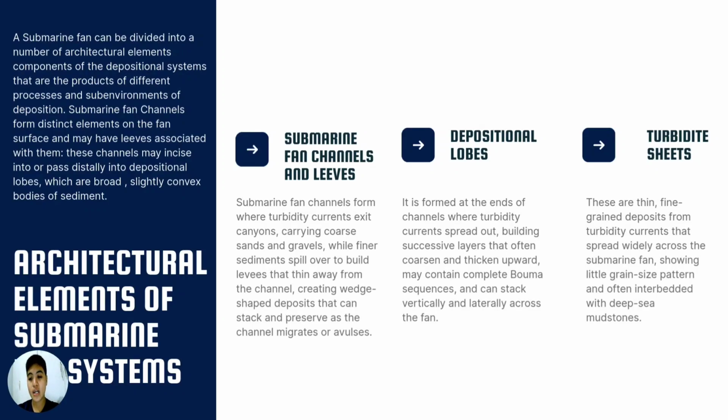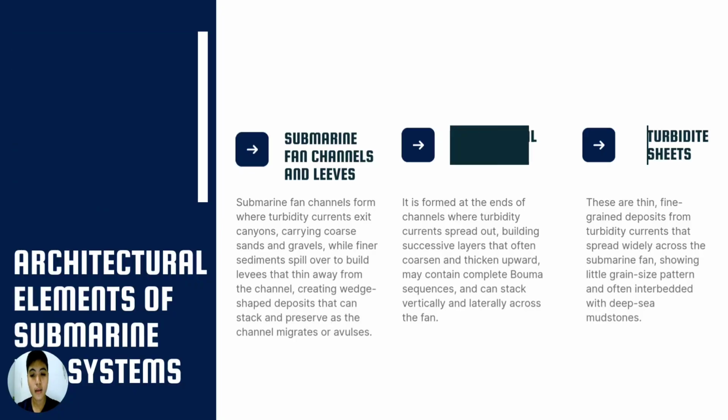Finally, away from the channels and lobes, turbidite sheets form as thin, fine layers of sediment that cover large areas. These parts work together to build the submarine fan and help us understand how sediment moves and settles in the deep ocean.